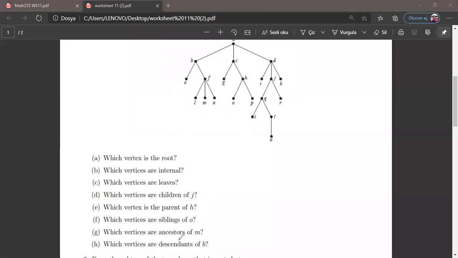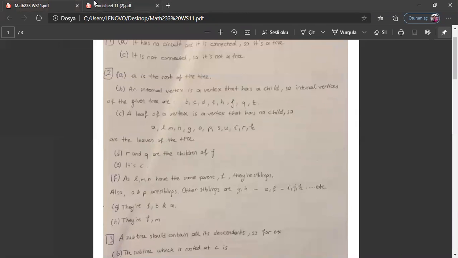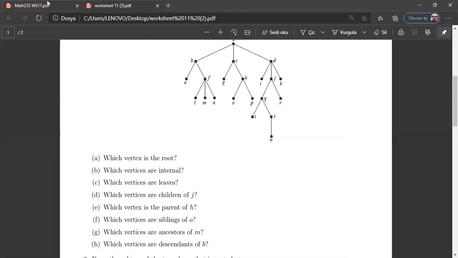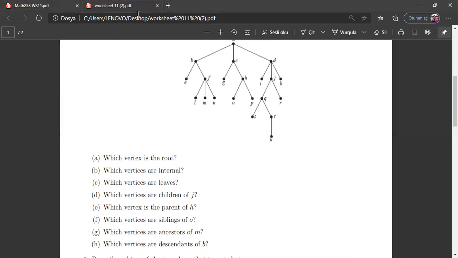And what are the ancestors of M? So here is again the explanation. Oh, I didn't write that. For G, they are F, B, and A. Let's look at the tree. Sorry, we are checking for ancestors of M. So M is here.